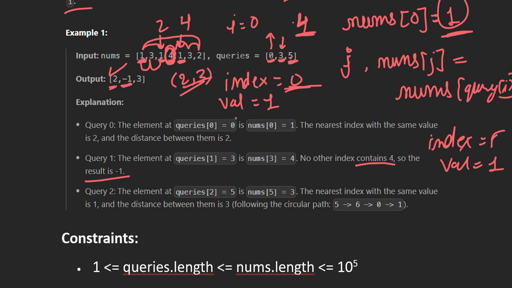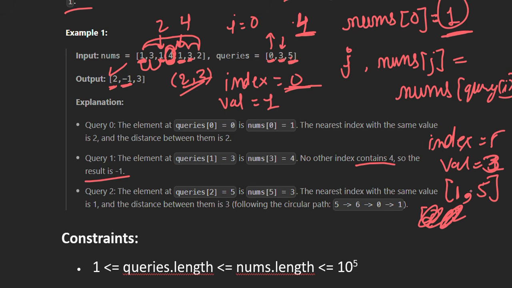At index number 5 the value is not 1, sorry, the value is 3. So we have to find the other indexes where the value is equal to 3. So at 1 we have value equal to 3, so only at 1 and 5 we have value 3.